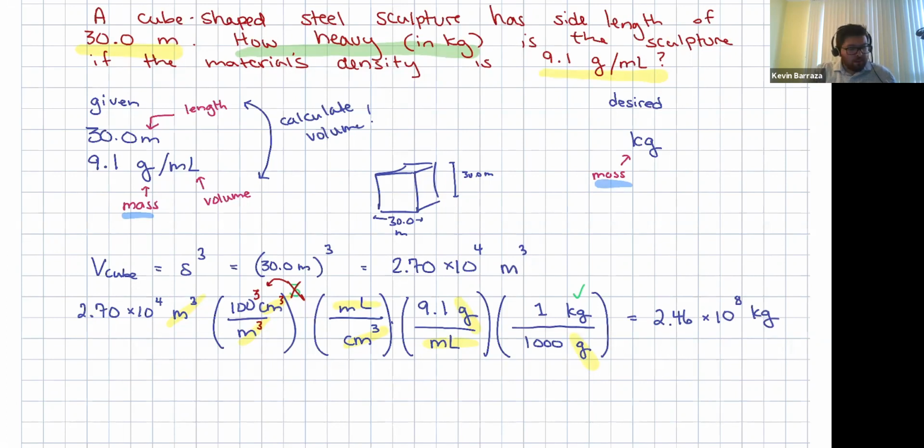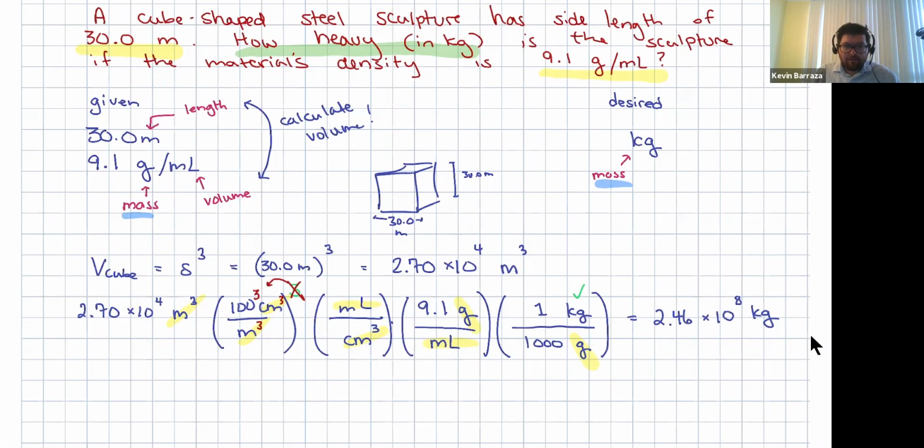I come up with 2.46 times 10 to the 8th power kilograms. So if we remember how many zeros that number has, that comes out to be, what is that? 246 million kilograms. Pretty heavy.